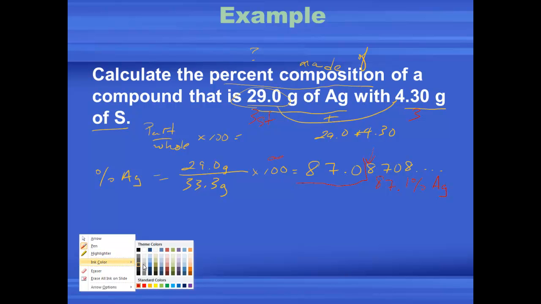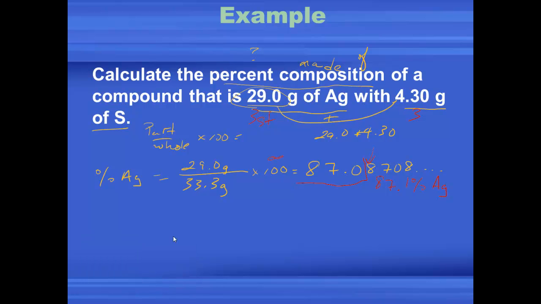Now, again, I'm asked for the percent composition and I'm not asked for a specific thing. So I need to get the amount of both of them. At this point, you have 2 choices. I can do the same process, percent of sulfur, and do 4.30 divided by 33.3, because my whole thing is going to be the same. Or I know that all my percentages add up to 100, so I can do 100 minus 87.1.